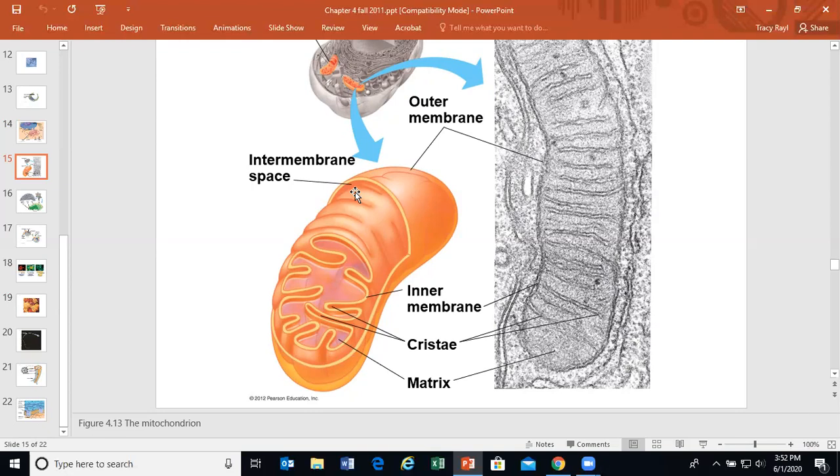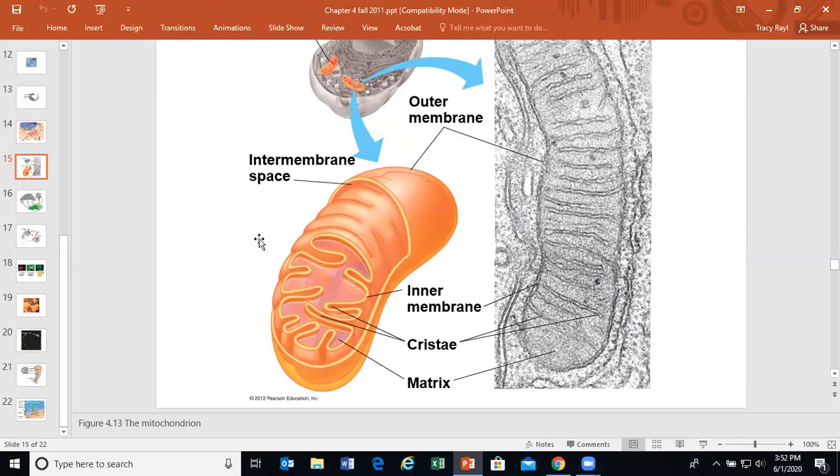In that lecture video, I will expect you to remember this anatomy for the mitochondria. I won't be reteaching it. I'm going to be applying that anatomy to the chemical reaction of cellular respiration. So make sure that you remember and learn the anatomy of the mitochondria.